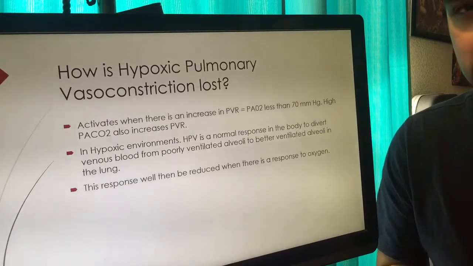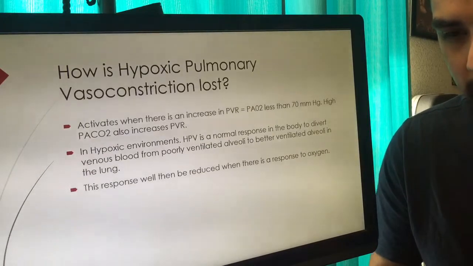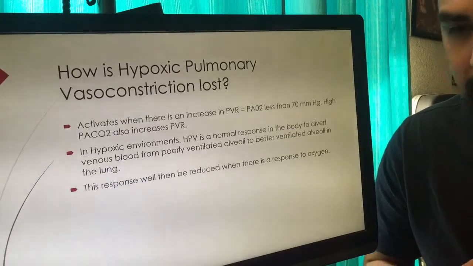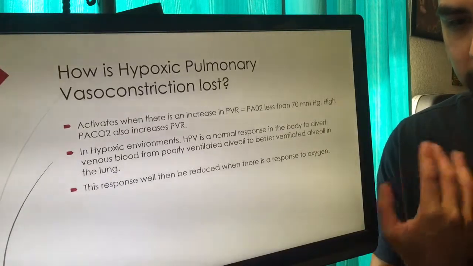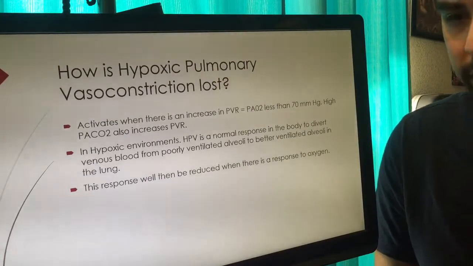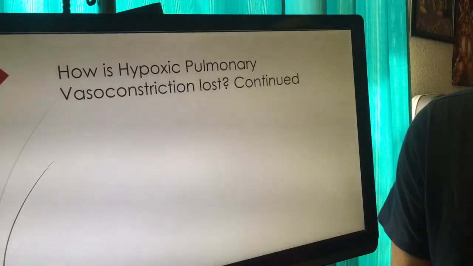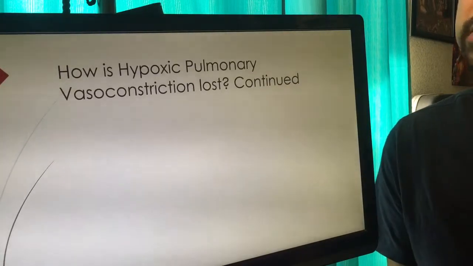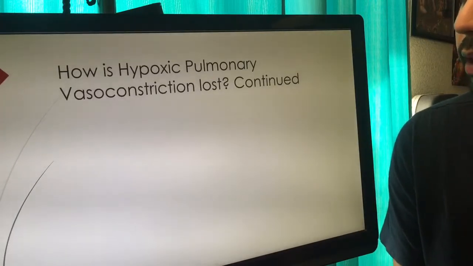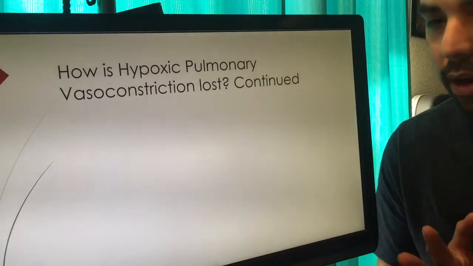It's becoming very acidic in the lungs, and the pH is dropping, and basically we're trying to add more base to the lungs, making the lung zones and the breathing a lot more alkalotic. So knowing that that's a normal response, it's a good thing, but also a bad thing. We're going to see how HPV is diminished, like how it's gone.